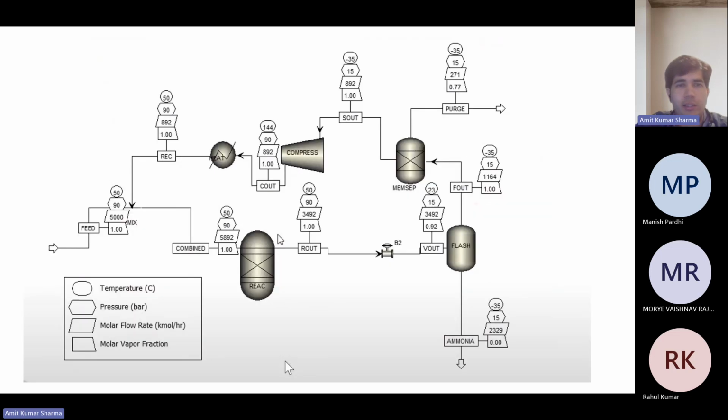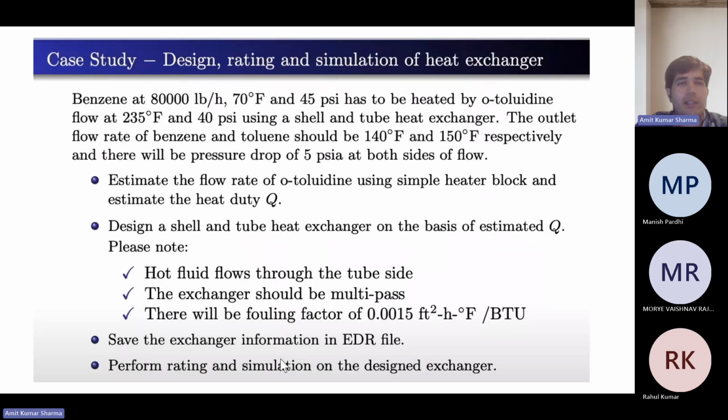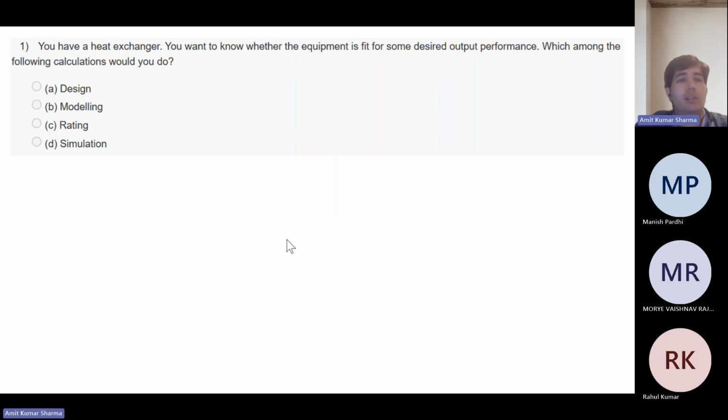This is the complete flow sheet of the case study. The second was regarding the production of cumene. And the third case study was regarding the design, rating, and simulation of heat exchanger. We'll go through these case studies after the discussion of the questions.